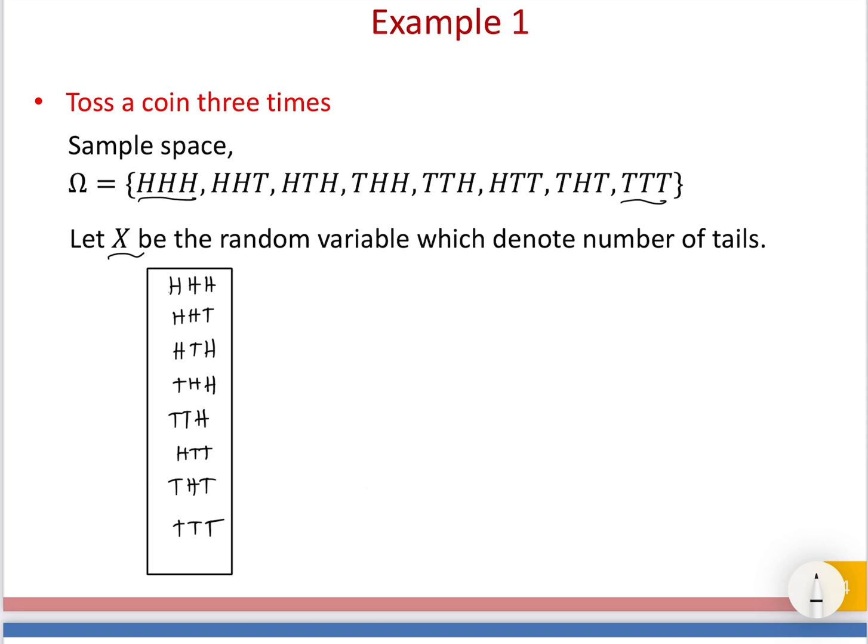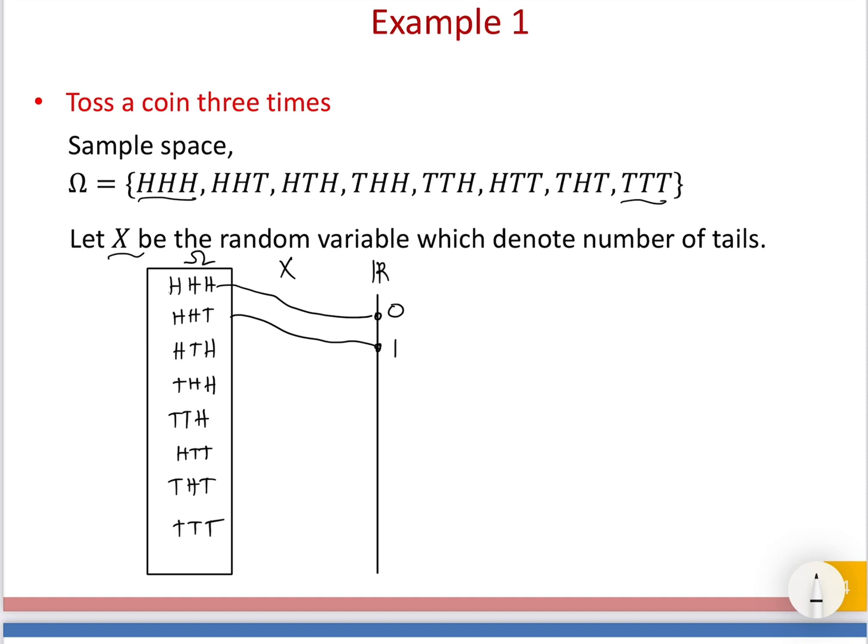What we do is we define a map from omega to real numbers. Since X is a random variable which denotes the number of tails, let me assign the real number 0 to head head head, because head head head has no tail. The second outcome, head head tail, has one tail, so let me assign 1 to it.